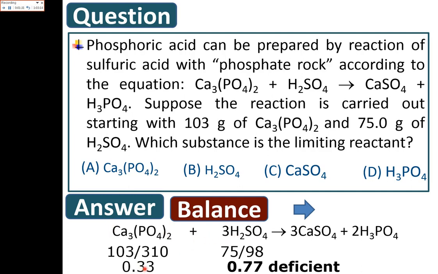So for this number, we will need 0.99 of sulfuric acid. Do we have 0.99 of sulfuric acid? No, we do not. So sulfuric acid is deficient, so sulfuric acid is the limiting reactant.